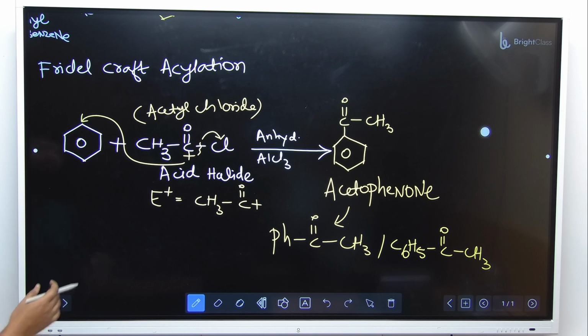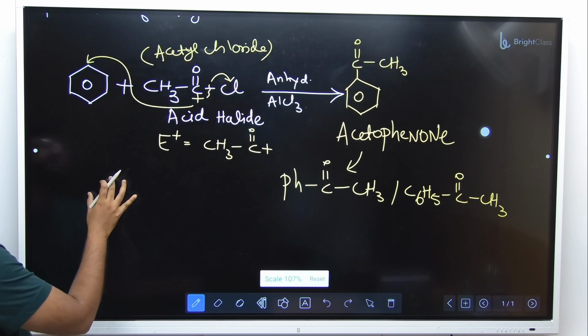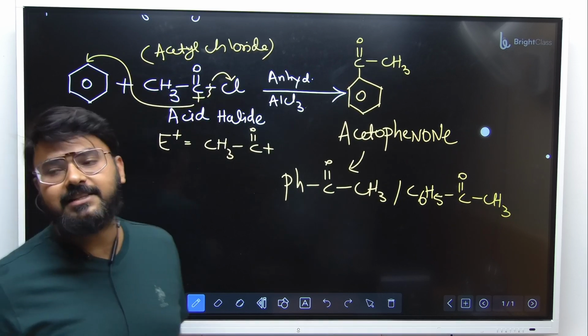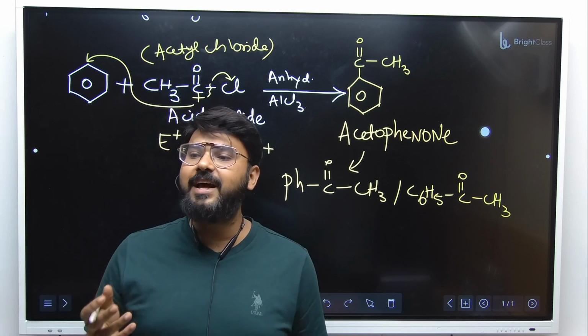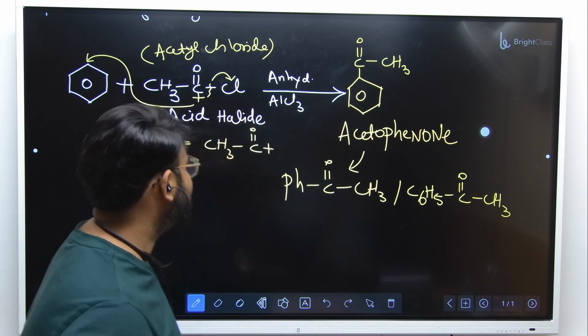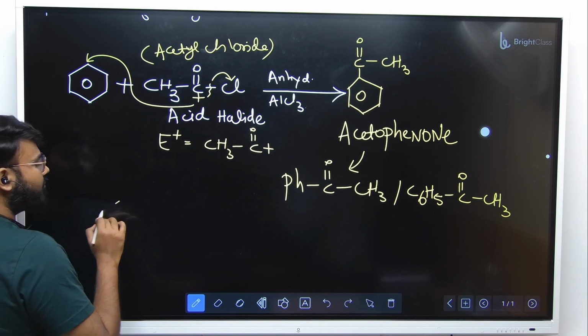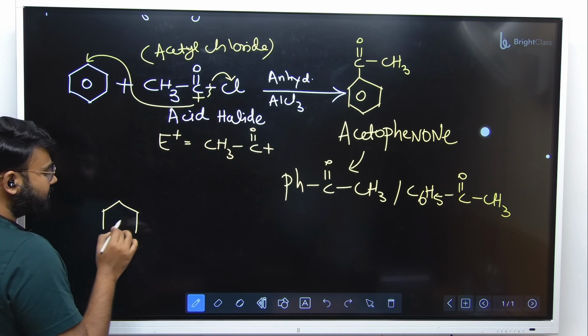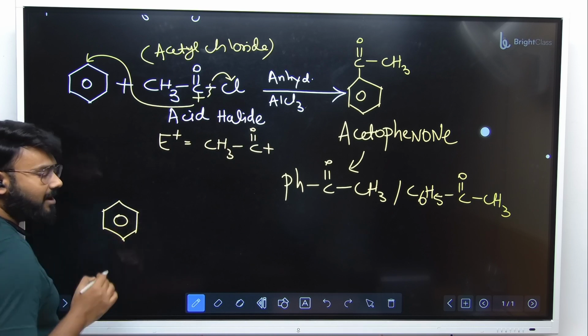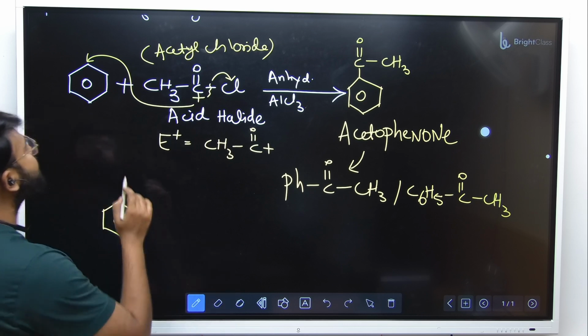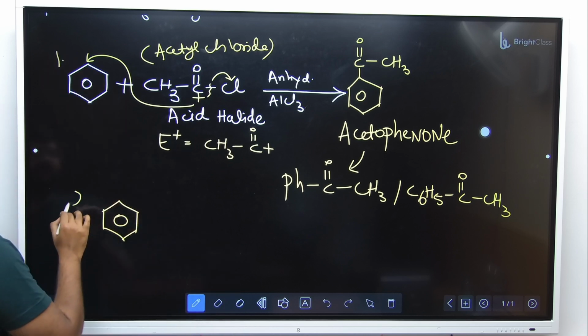So one more reaction we will see. It's not about only acid halide. You can also add acid anhydride. Let me explain that. I'll take one example of acid anhydride because that also is considered as Friedel-Crafts acylation. So reaction number one, reaction number two.